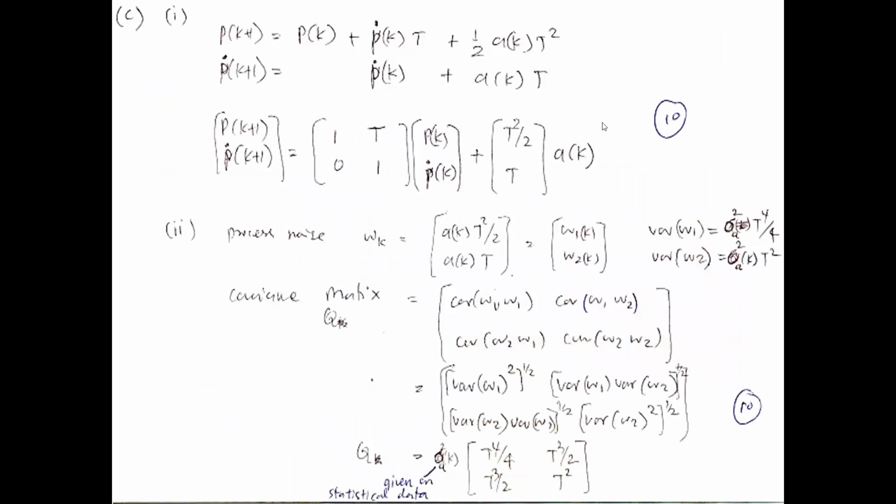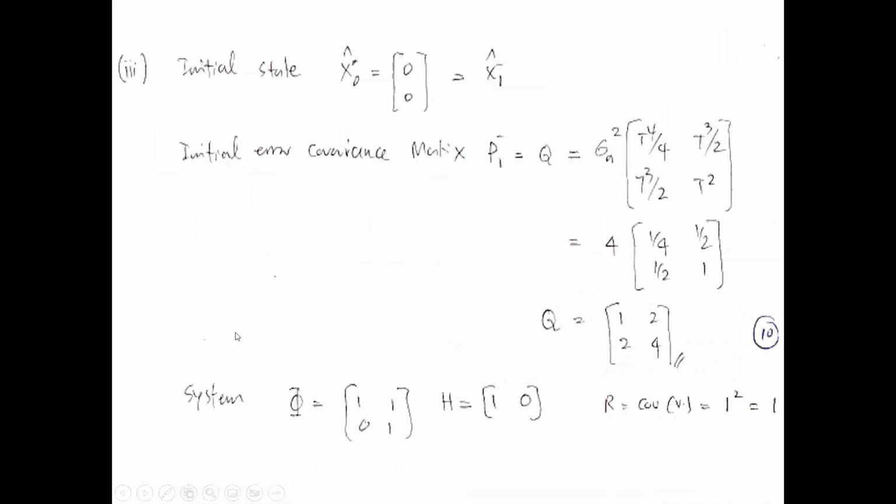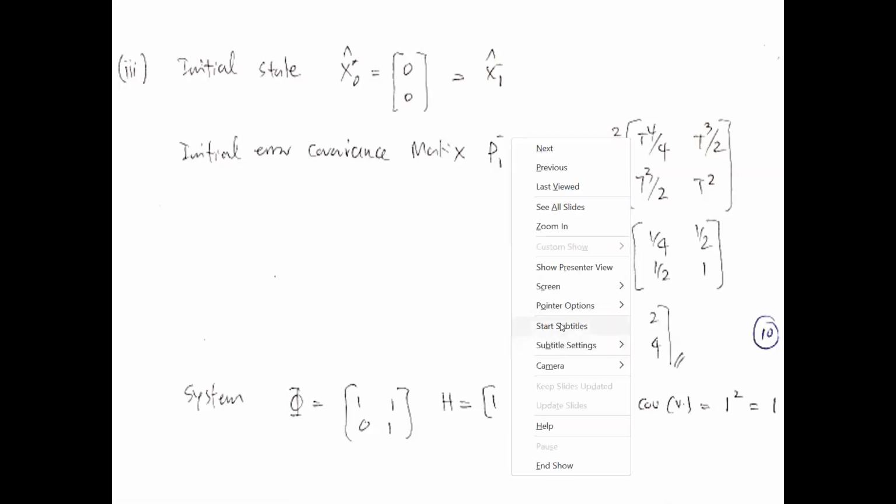Now we have the covariance matrix of the process noise. Now we can start with the Kalman filter. Right. So what we do is we take the initial value x hat 0. And it is 0, 0 because there's nothing given. We assume it to start at 0, 0. Obviously, at this moment, there's no error.